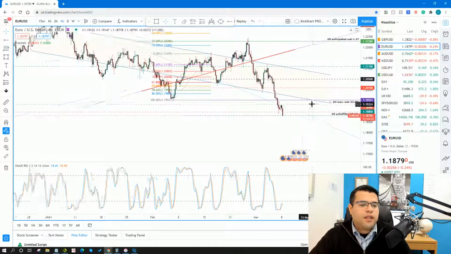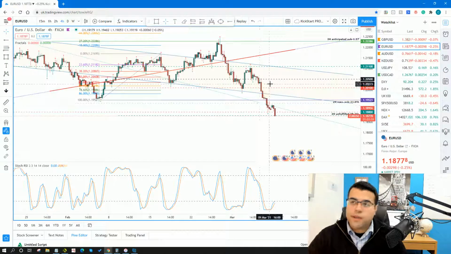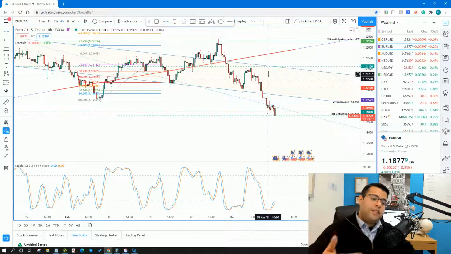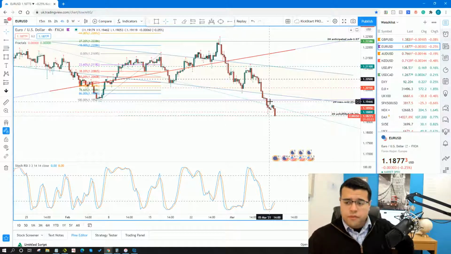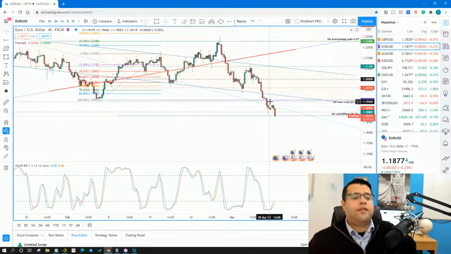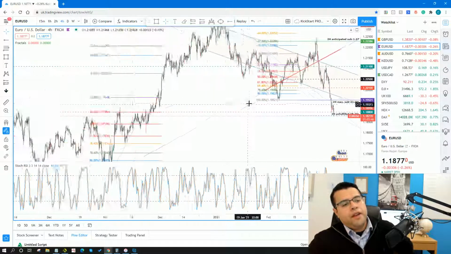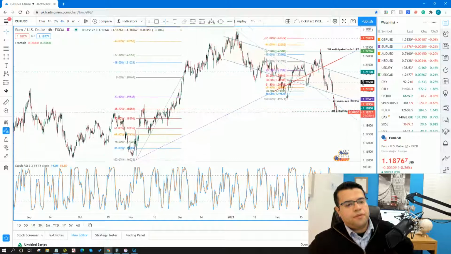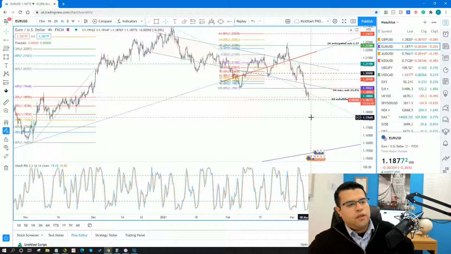Now, if dollar strength is in fact on the board here this morning, then obviously that makes sense for this, right? Because as the dollar strengthens, if we're trading the euro against it, then obviously the euro is weakening against the dollar, right? And so right in here, there's two things.